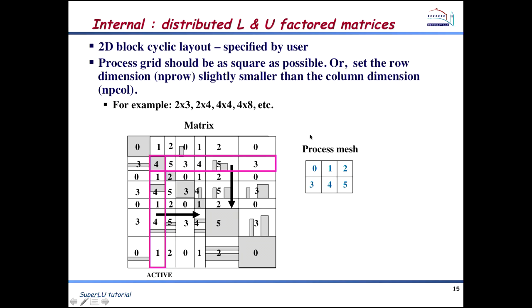But if it's not a square number of processors, then you give a row dimension slightly smaller than the column dimension, just because this algorithm has more communication along the row dimension. So you don't want the row dimension to be very big. So the worst case scenario, for example, for 32 processors, the worst case setup is 32 by 1. So you want to do 4 by 8. Okay, even 8 by 4 is slightly worse. Okay? So that's all you need to know.